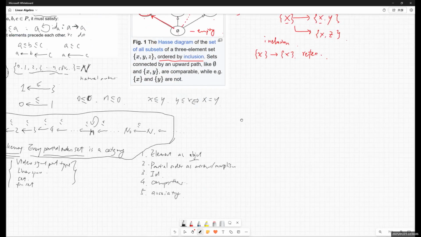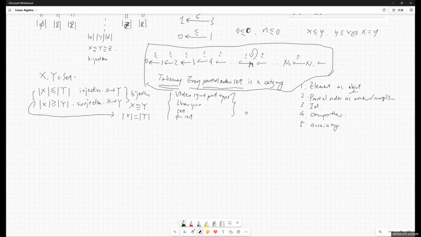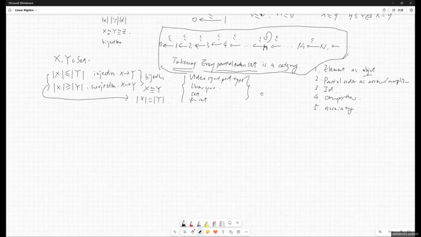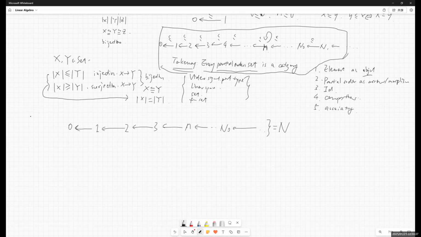So let's review this. We have a partially ordered set, meanwhile a category, the set of cardinalities, equipped with a partial order, so it became a partially ordered set.